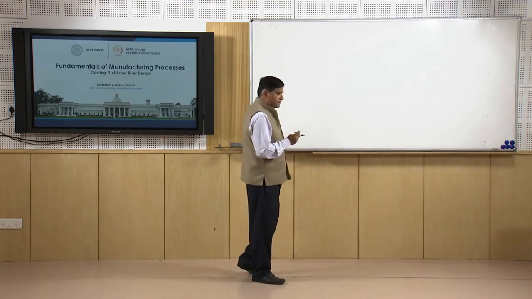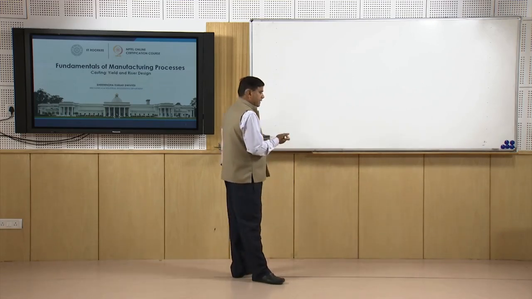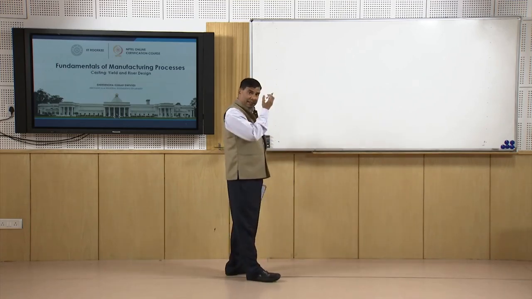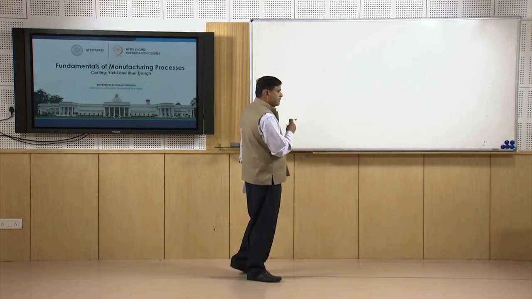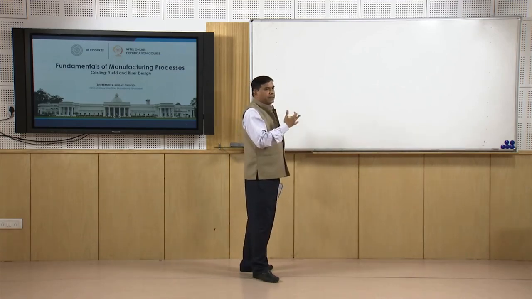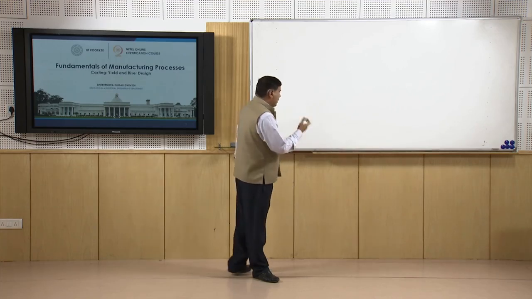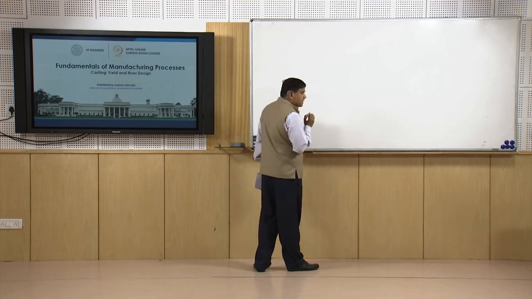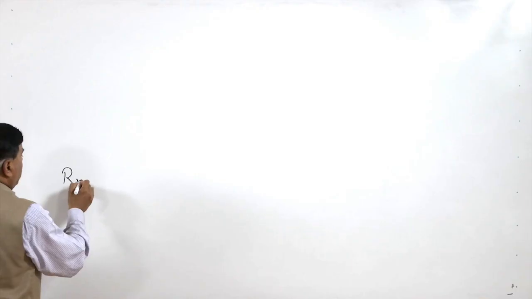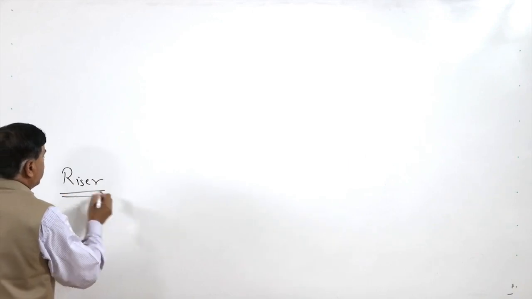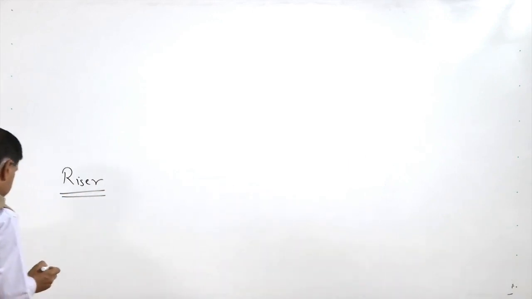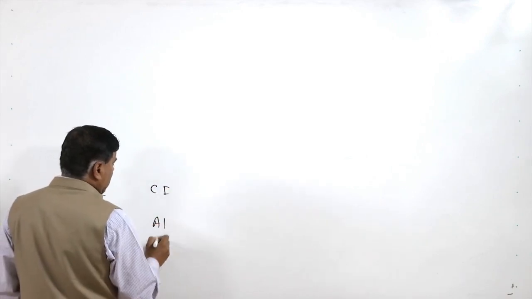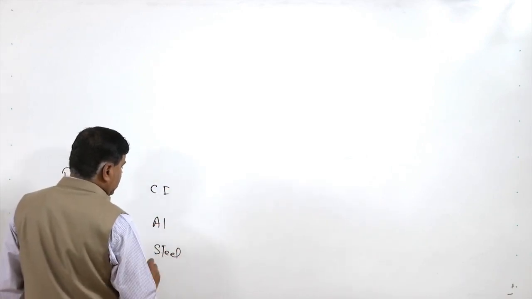So, it is required that the riser is designed in such a way that the solidification in the riser takes place after the solidification of the casting. So, now in which case the riser is crucial and in which case the riser is not crucial. For that purpose we need to see certain metal systems like cast iron, aluminum and steel.